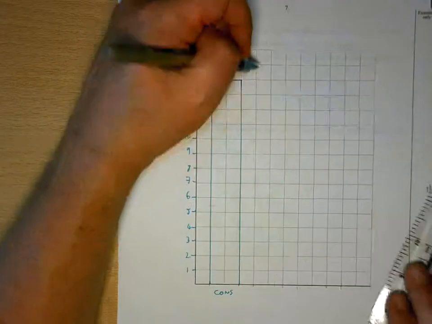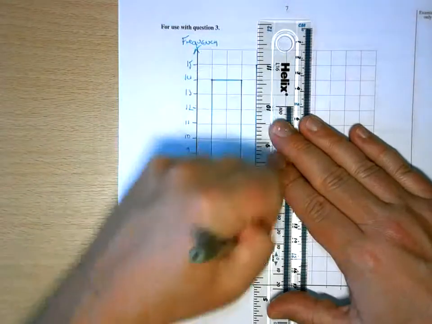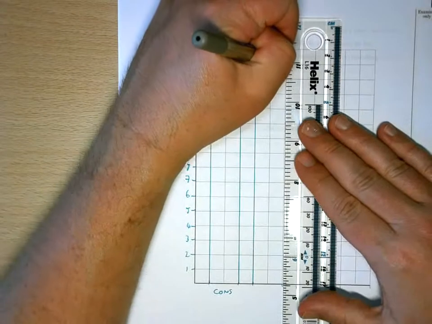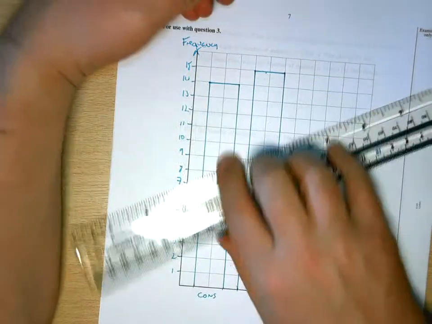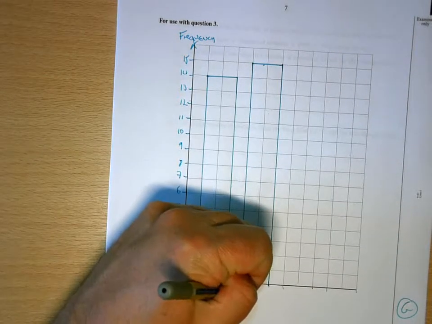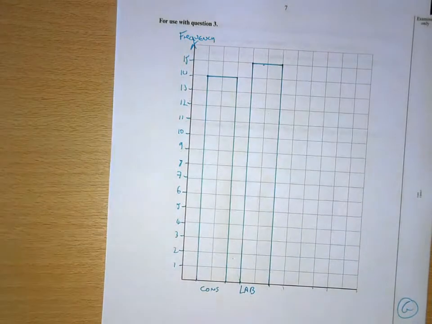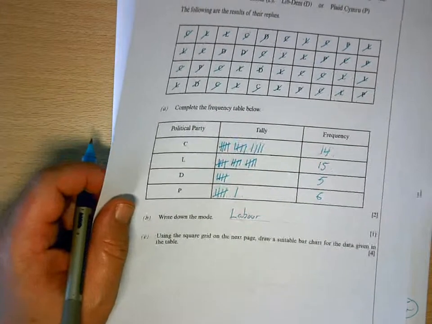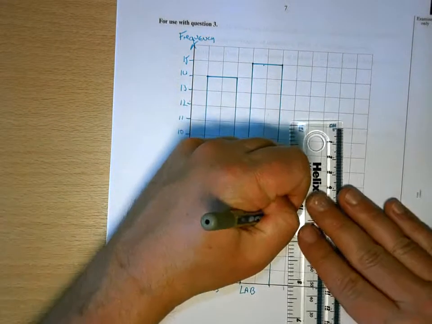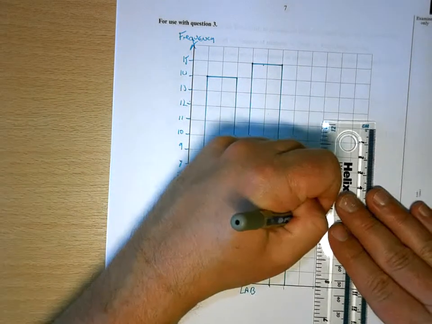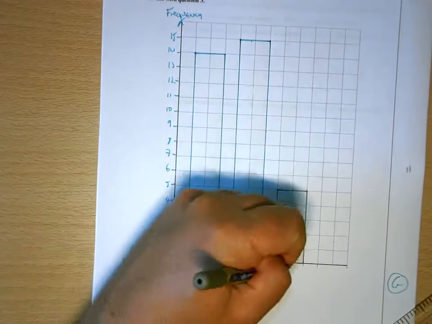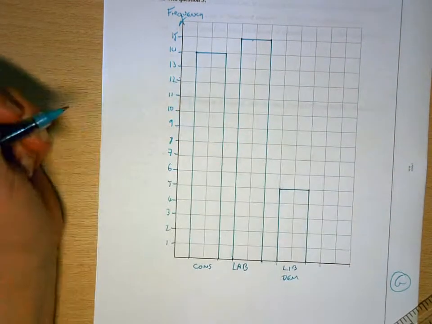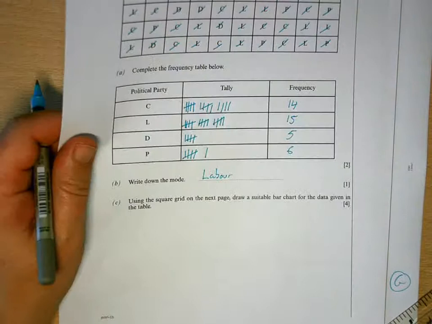Then the next one, Labour, is 15, so Labour got a frequency of 15. Then the next one are the Liberal Democrats with 5. And finally with 6, Plaid Cymru.